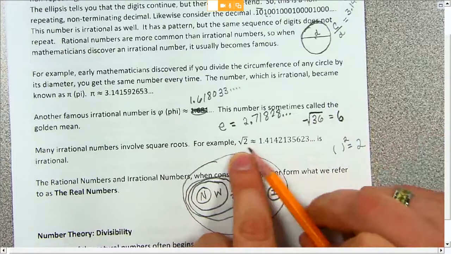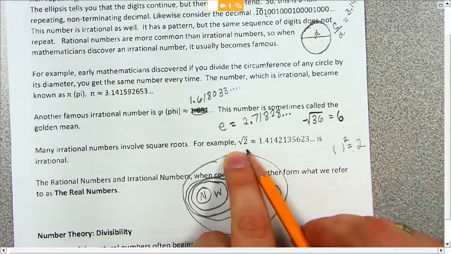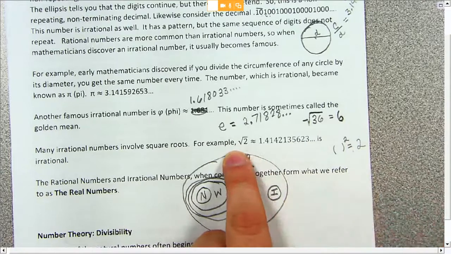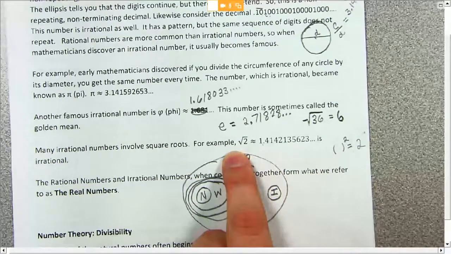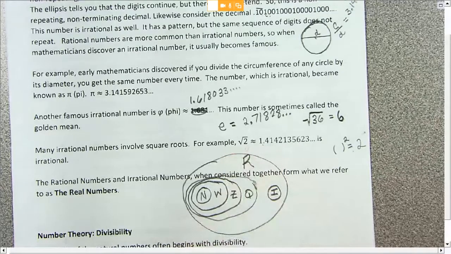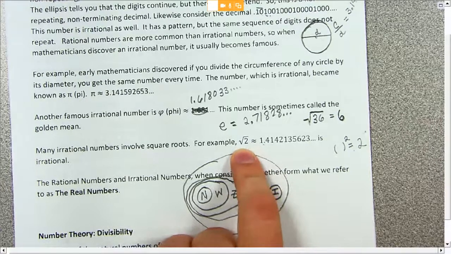So if that happens, then usually those square roots will be irrational. If you try to find this on the calculator, which is the only way we know how to find it, then you'll get something that goes on forever or until your calculator can't display anymore. So if you say square root of 2 and it asks you if that's a rational number, no.